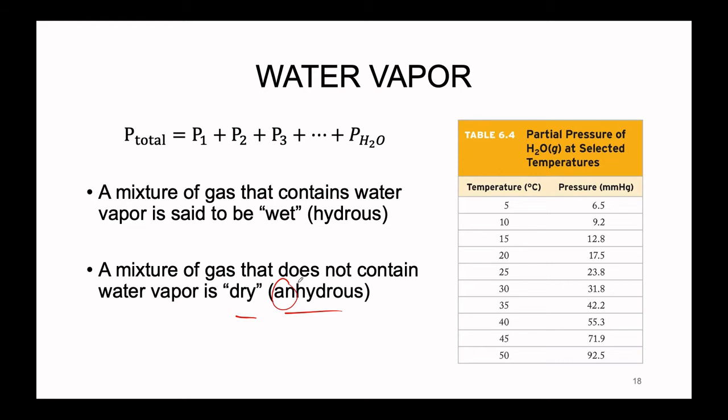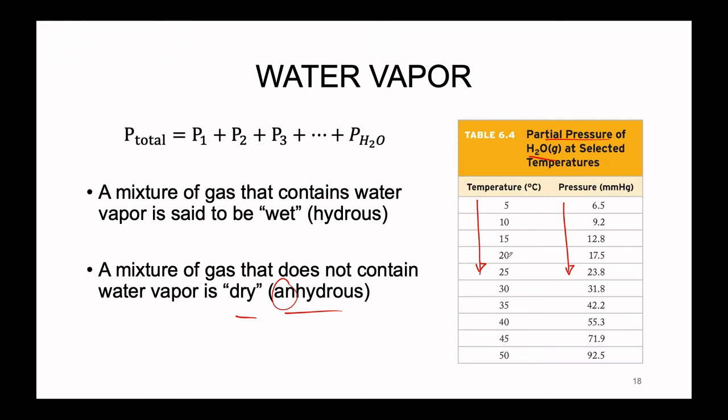The table to the right gives us a measure for the average partial pressure of water at selected temperatures naturally occurring in the environment. And again, since pressure is related to temperature, since the two are directly related, as we see an increase in temperature, we also see an increase in the partial pressure of water in the atmosphere.